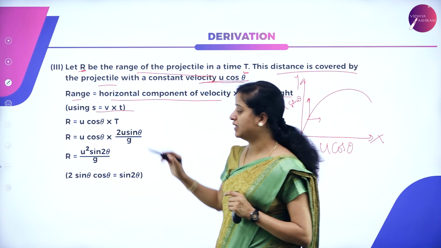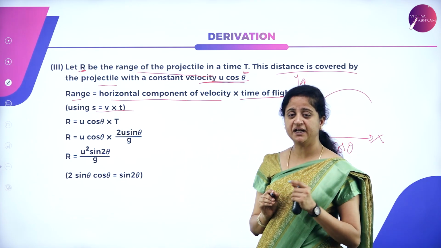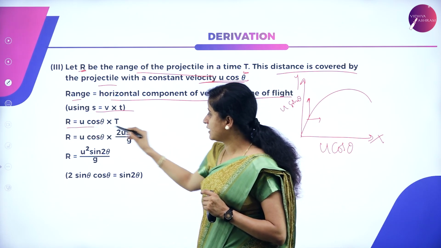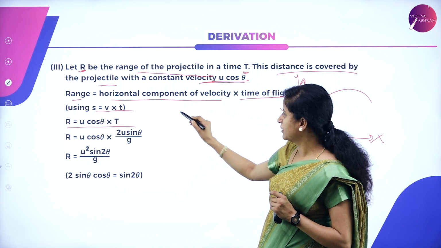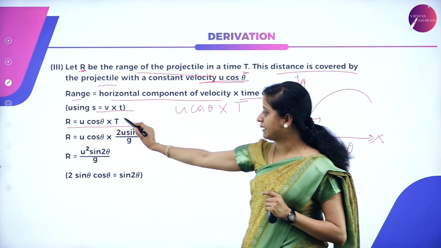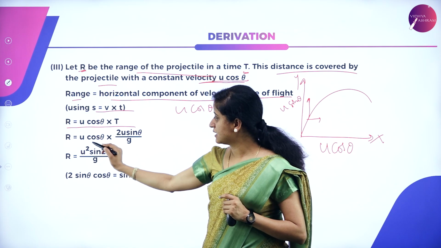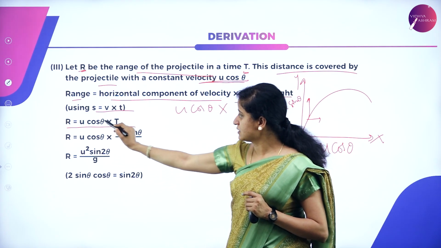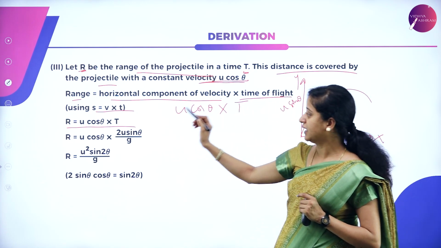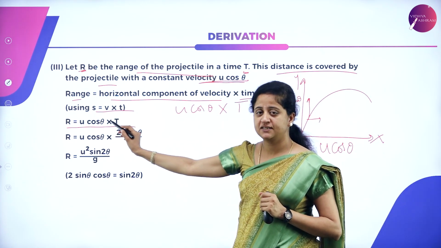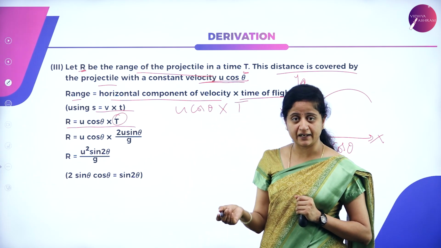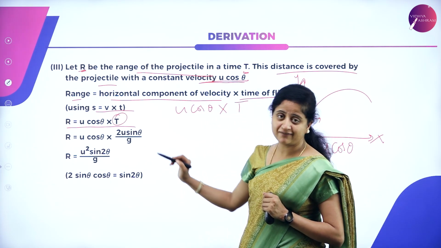We have the formula distance is equal to speed into time, or displacement is equal to velocity into time. We can write R is equal to the horizontal component of velocity, u cos theta, into the time of flight, denoted by capital T. So R is equal to u cos theta into T, and we have already derived the T expression, that is 2u sin theta divided by g.